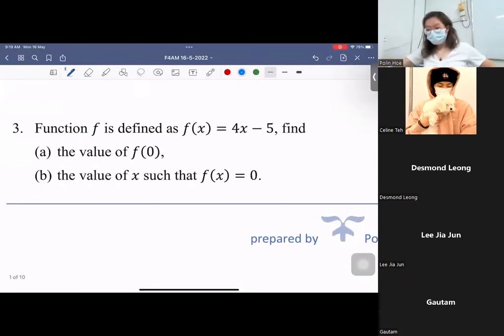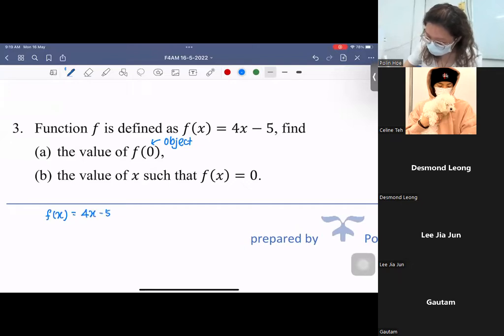All right, question 3. Function f is defined as f(x) equals 4x minus 5. Find the value of f(0). So, my friend, at this point, you should know that this 0 is the object. So for f(x), I always copy back the function.